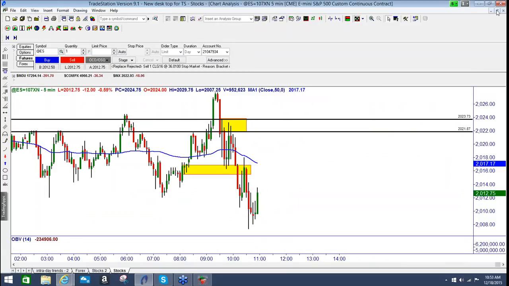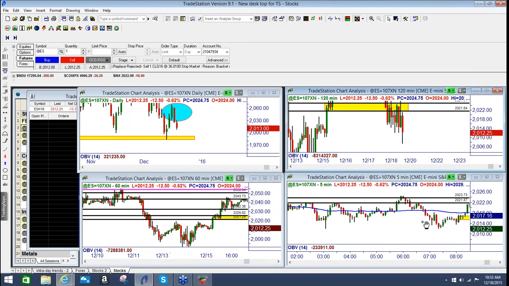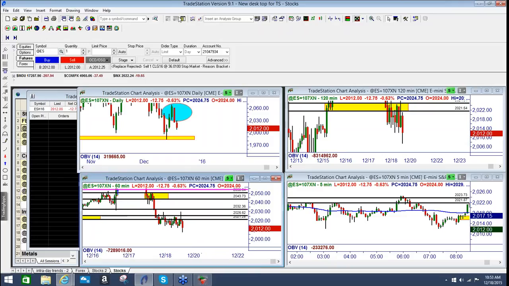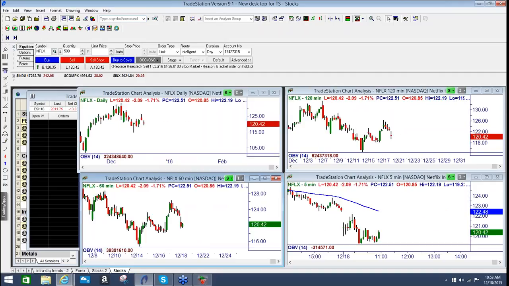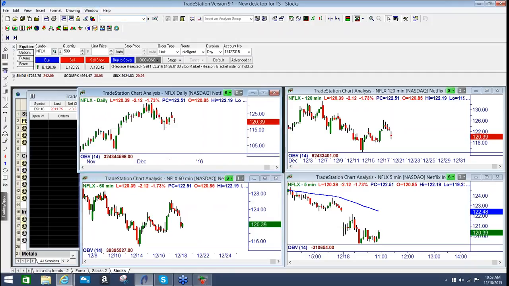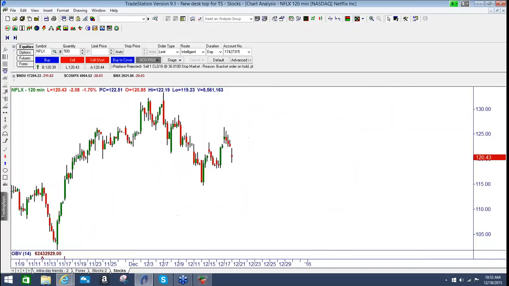Let me get this out of the S&P. All right. So we got Facebook in the middle of the zone right now. Apple's approaching it. Let's look at FLX. Yeah, Frank's supposed to come in at 11:30. So I'm going to see if I can get him in here earlier because that Apple setup is sweet.